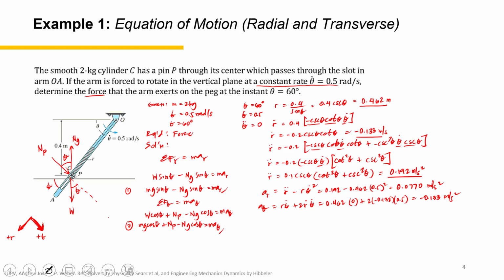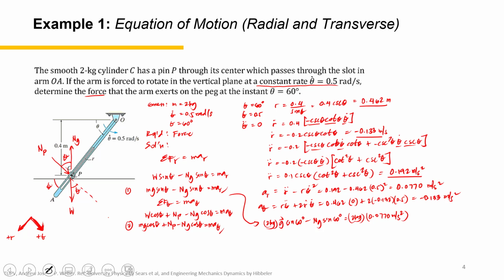Okay, so let's plug in the values. m is equal to 2 kilograms. 2 kilograms times the gravity, which is 9.8 meter per second squared, sine 60 degrees, minus the normal force exerted by the ground times sine 60 degrees is equal to 2 kilograms times the acceleration A_r, 0.0770 meter per second squared.